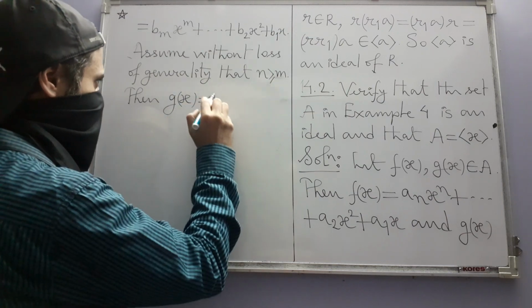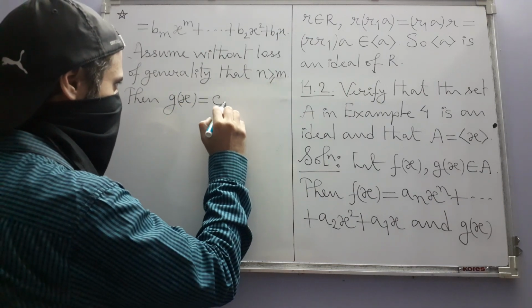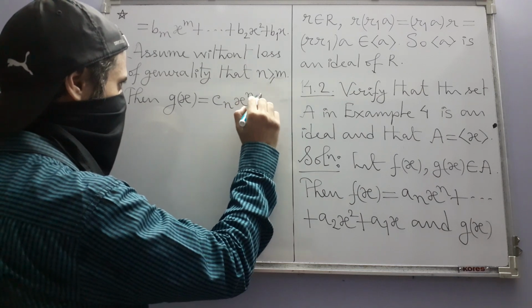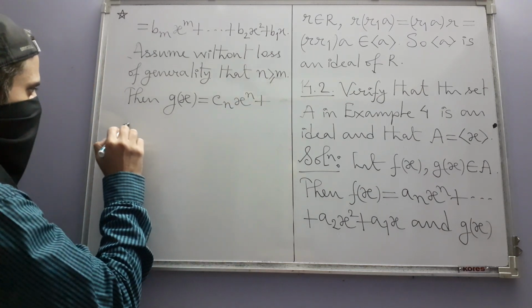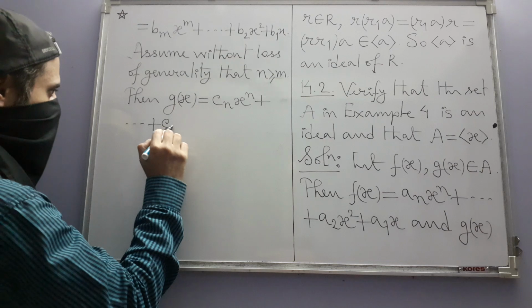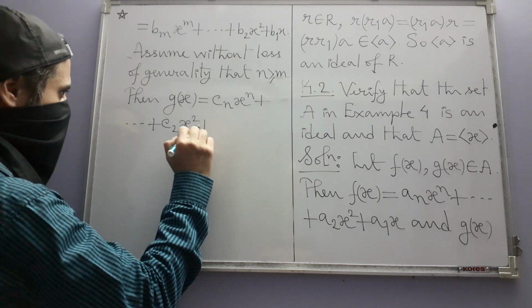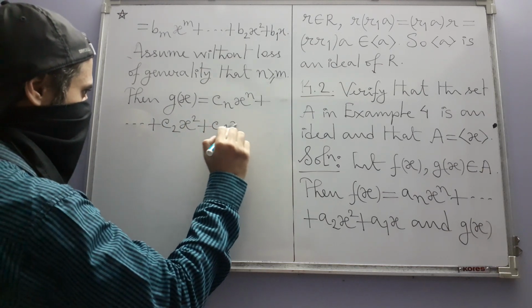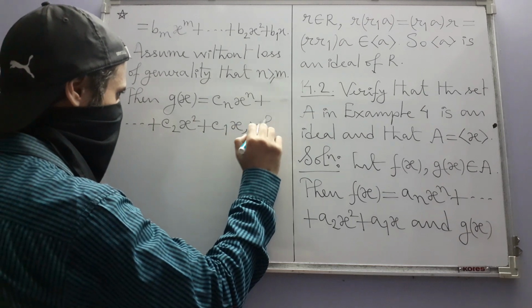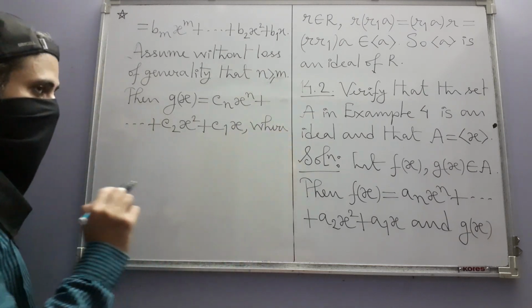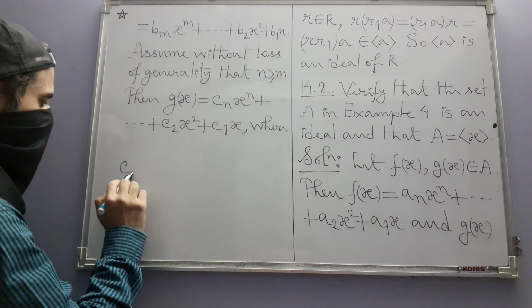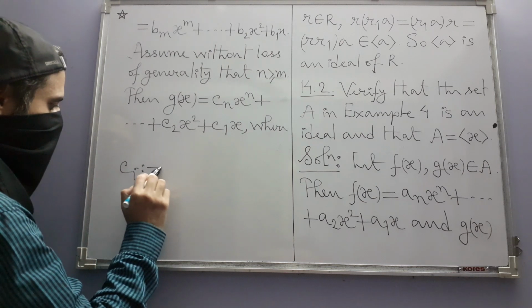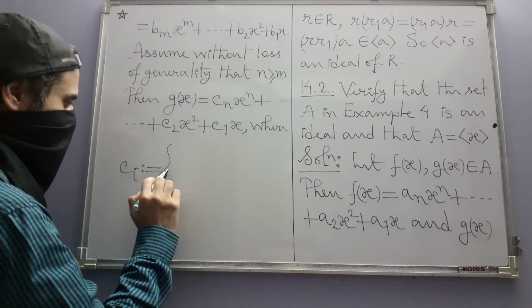Then g of x is cn x to the power n and so on plus c2x square plus c1x, where now we need to say what the ci's are, where ci is defined like this.